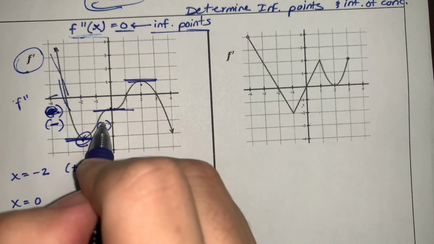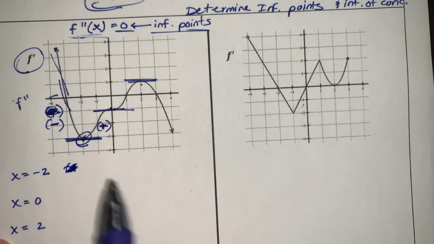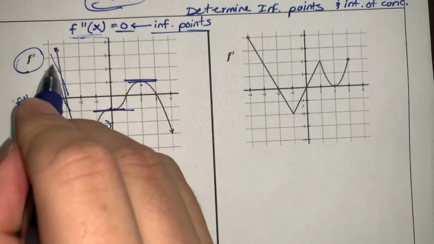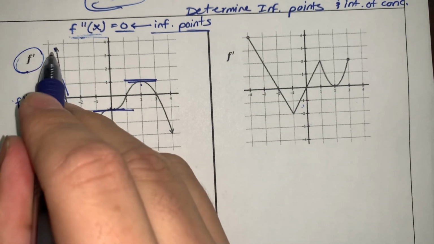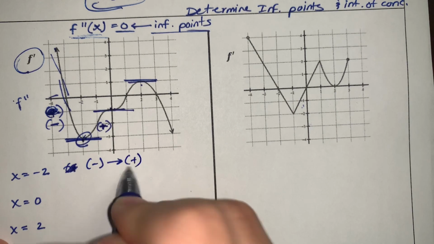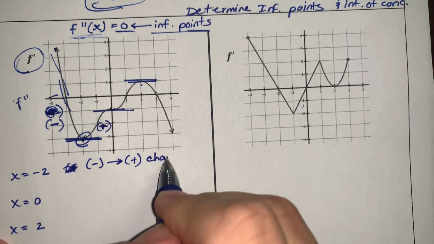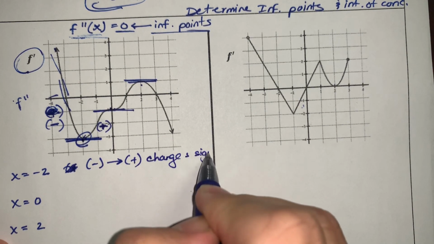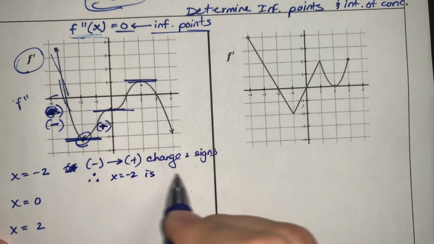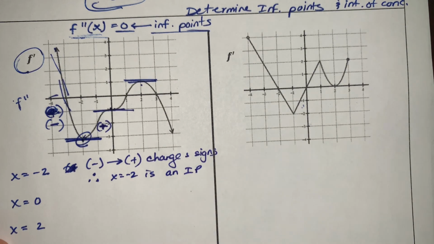I don't know why I said positive, but it's getting sloppy. But anyways, if we're going from negative slopes to positive slopes, it means it's going from concave down to concave up. So from negative to positive, it changes signs. Therefore, x equals -2 is an inflection point.